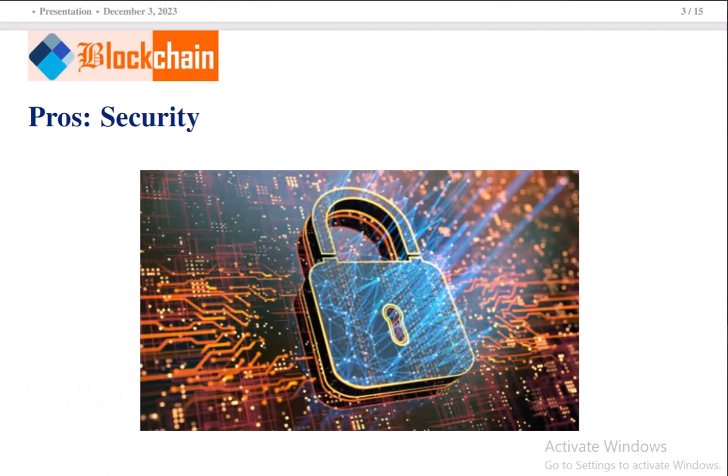The second benefit of blockchain technology is security. Blockchain is secure because the ledger is present at each and every node, so no node can alter the details of the transactions.